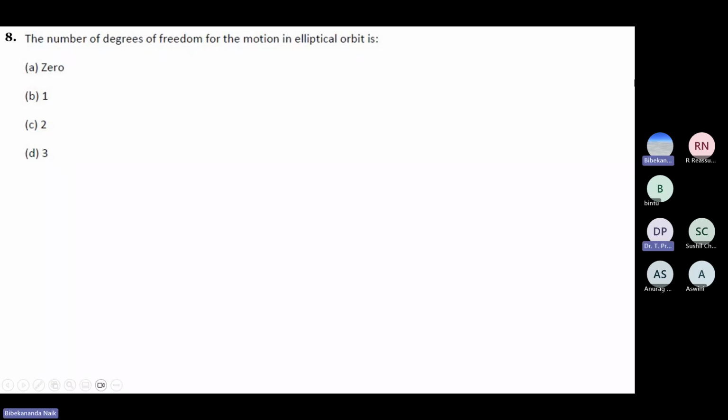So these degrees of freedom are some coordinates. Suppose this is a space. It looks like 2D, but assume it is a 3D space. Suppose the object is here and we define an origin here. The object is at some distance from this origin.